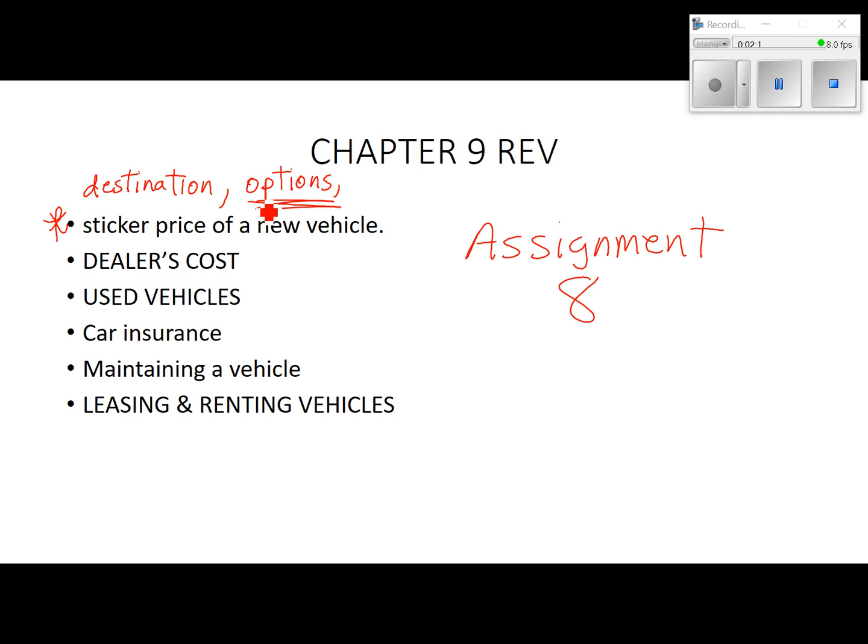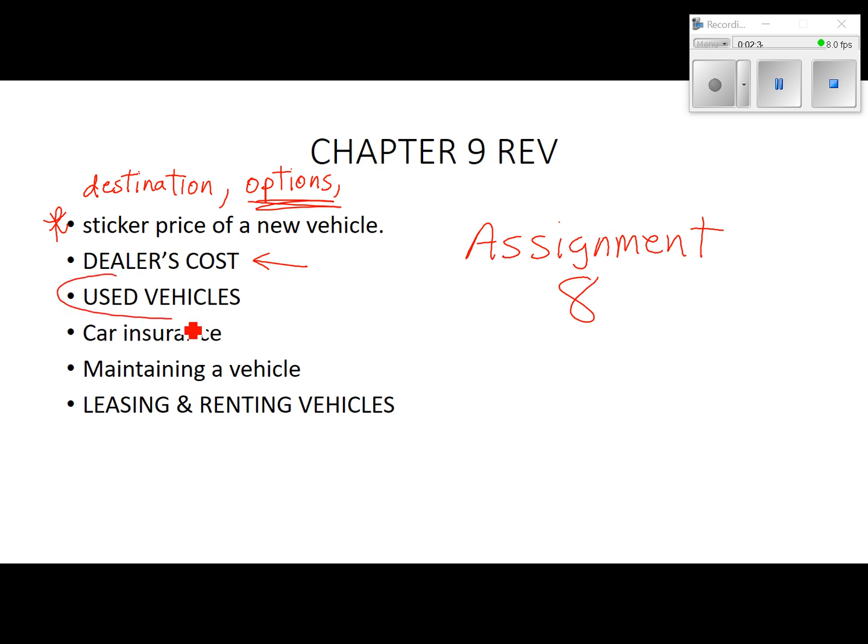And I'm going to have some of the formulas here, so we'll go over more of that. Remember the dealer cost, they have a certain cost, and normally they set up a price for a car and they pay a certain percentage for that, and we'll talk about that.